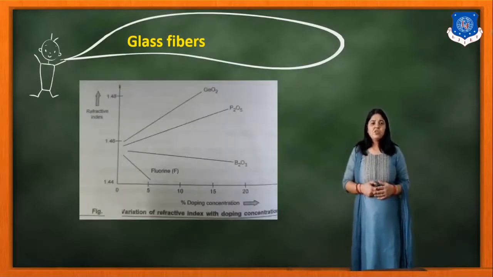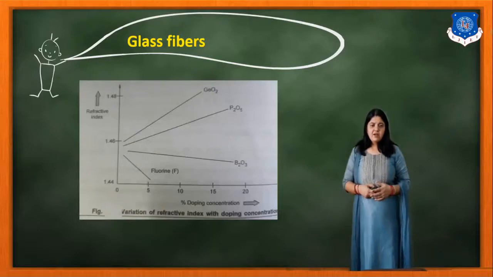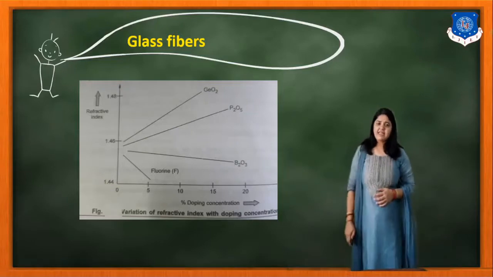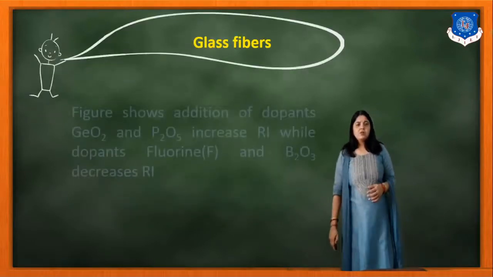By changing the refractive index, different oxides such as B2O3, GeO2 and P2O5 are added as dopant materials. Here you can see the diagram showing how the dopant material can be added into the fiber and the refractive index changed.